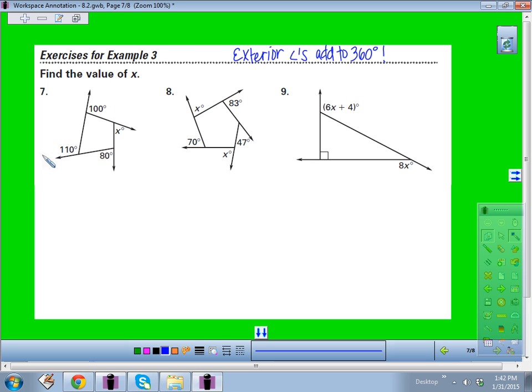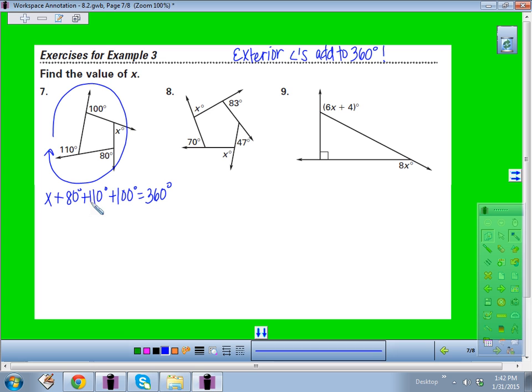Okay, for number 7, again, all the way around, 360. So I can say x plus 80 plus 110 plus 100 equals 360.